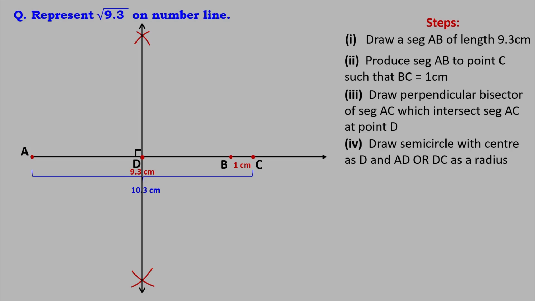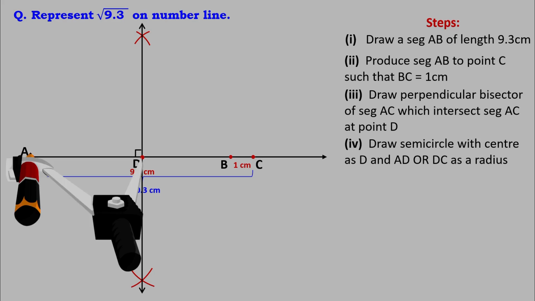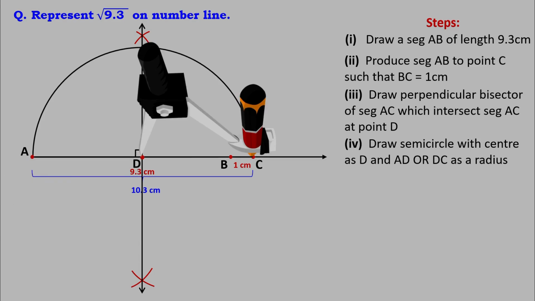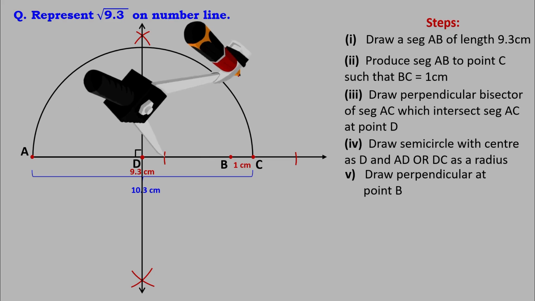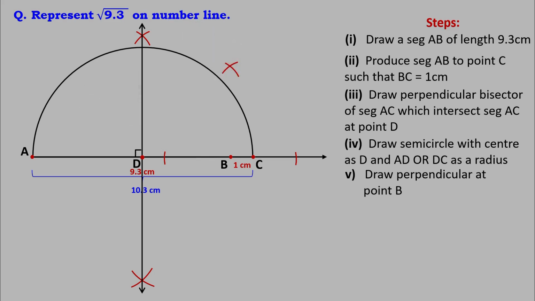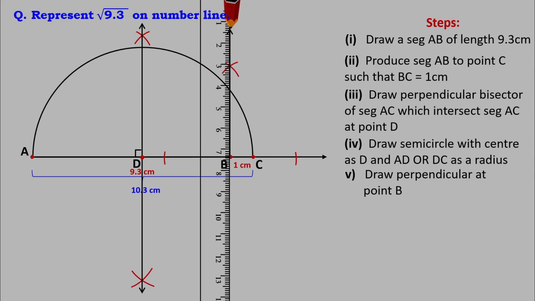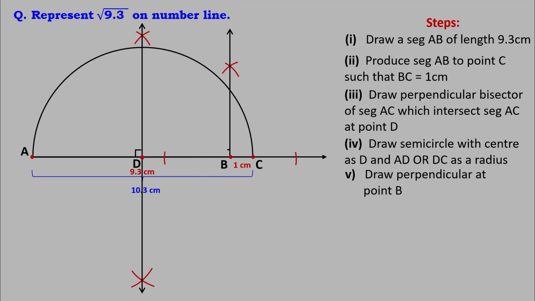Since it is a bisector, AD and DC are the same, so we can take either as a radius and draw a semicircle, which intersects at A and C. Now draw a perpendicular at point B. So this is the 90-degree angle. So this is the perpendicular line.